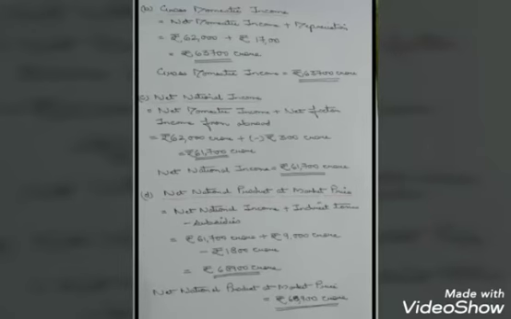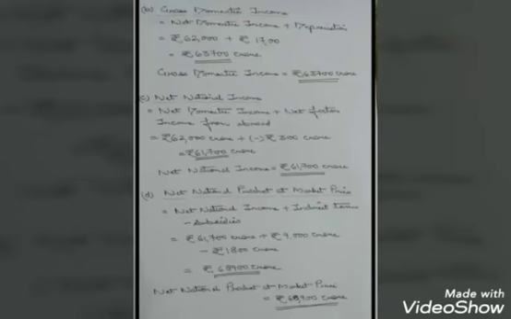Now your net domestic income we have already found out, that is rupees 62,000 crore. Now you know that you add net factor income from abroad, but here it has been given that your net factor income from abroad is negative, right? So we write rupees 62,000 crore plus in bracket minus rupees 300 crore.